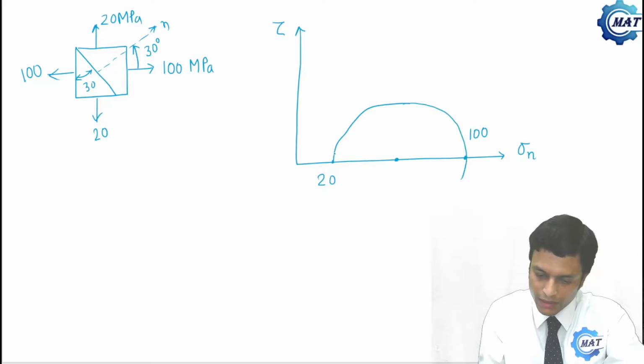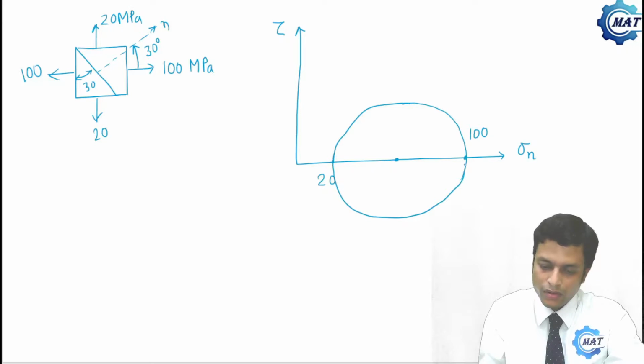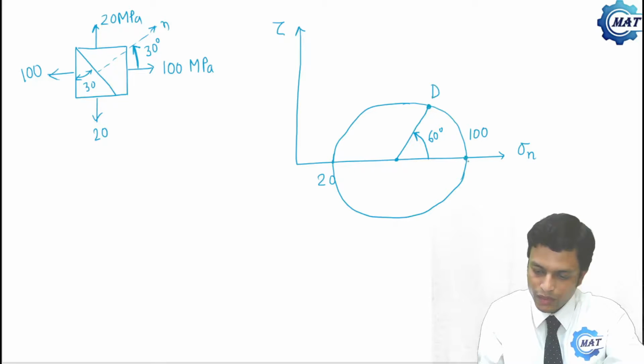Now here the angle is 30 degrees. In the Mohr circle we make it double, that is 60 degrees. And this is point D, this is point A, this is point B, this is point C, and this is E.